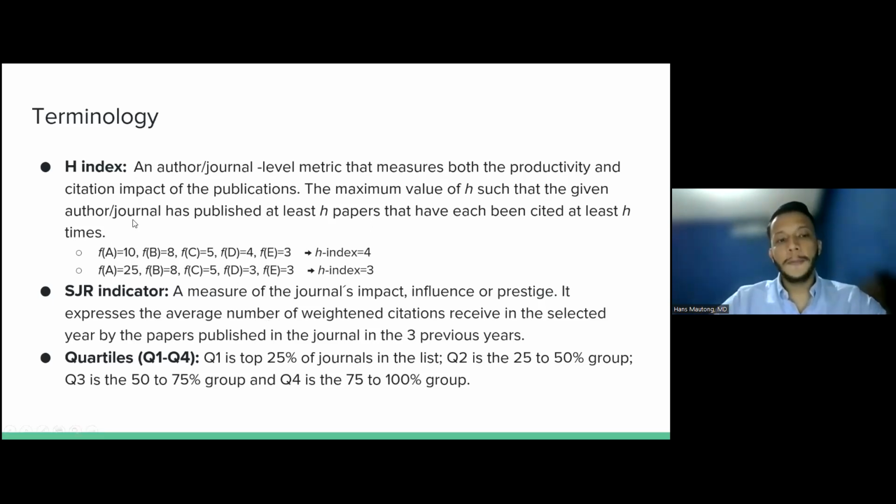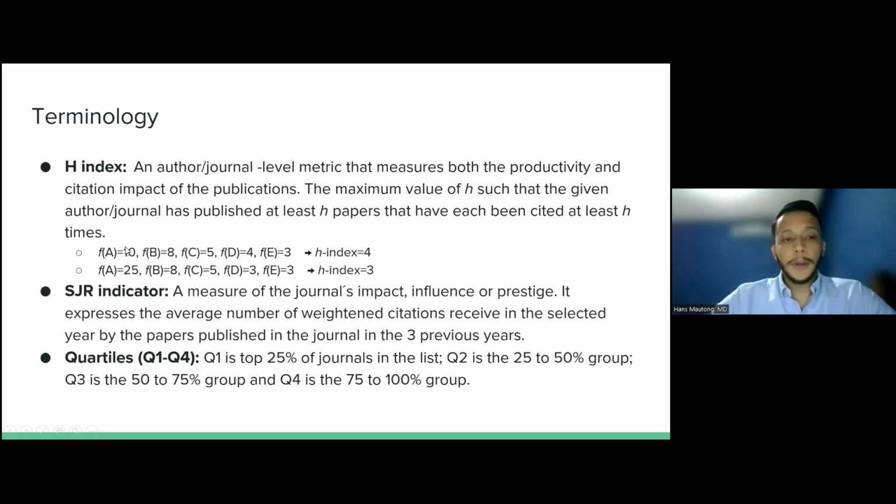His first paper has 10 citations. The H-index would be the number of citations that exactly match the position of the paper, or is a little bit less. Okay, so let's see with the example.